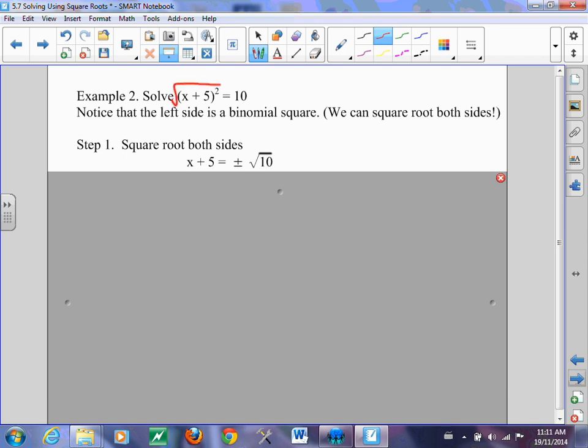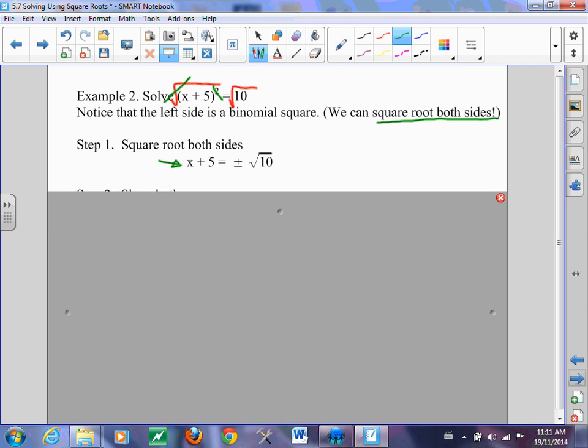You take the square root of the left. Whatever you do to the left side, you do the same to the right. However, folks, squaring and square rooting cancel each other out. So that's why you're left with x plus 5 equals plus or minus root 10. So we're taking the square root of both sides. Squaring and square rooting are opposite operations, so they cancel.